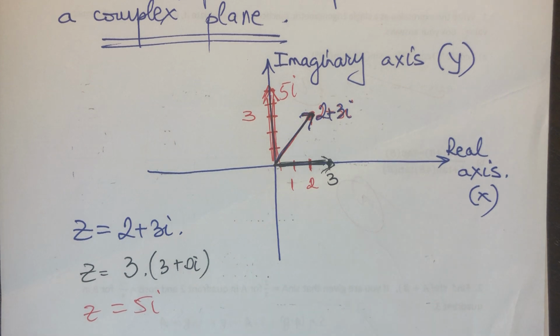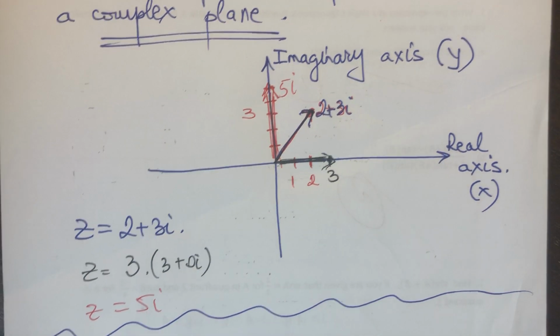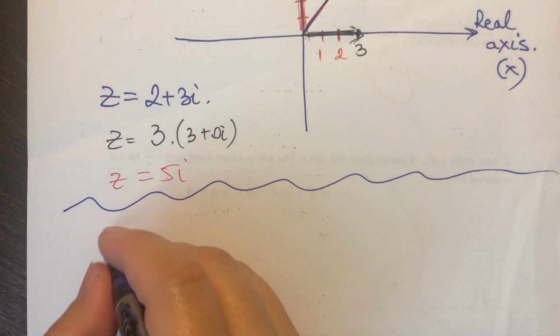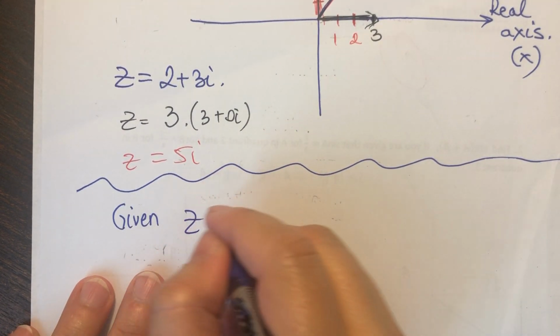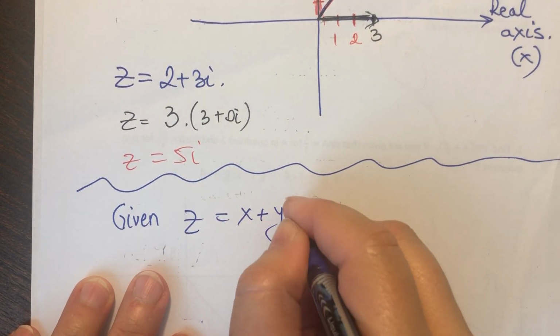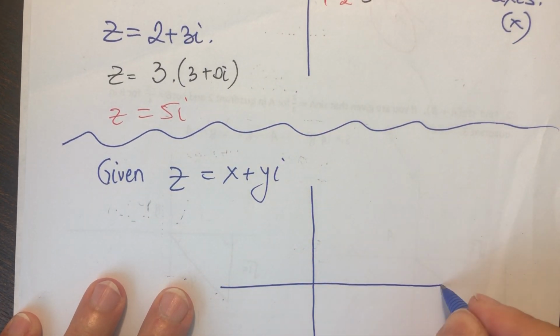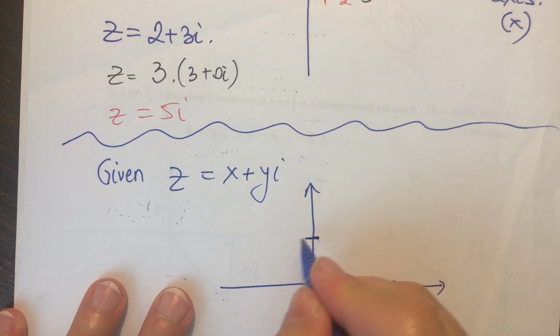Now we'll get to do some more in a bit. What I want is a general kind of solution. So given this complex number z equals x plus yi, can we graph it? Sure enough, whatever x might be, positive or negative, it doesn't matter.